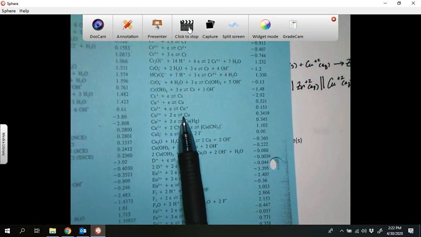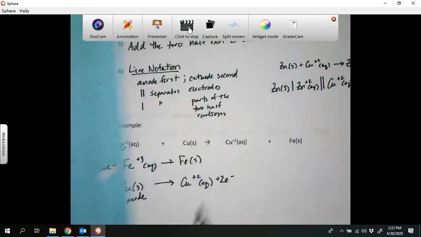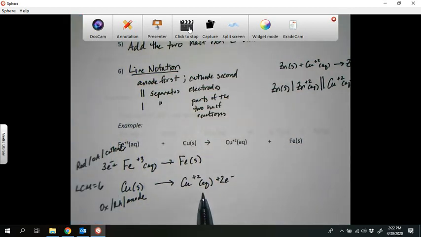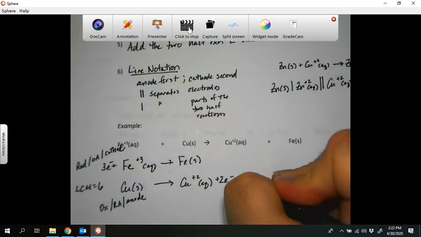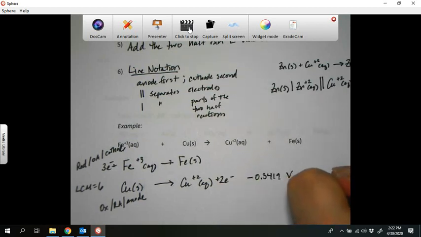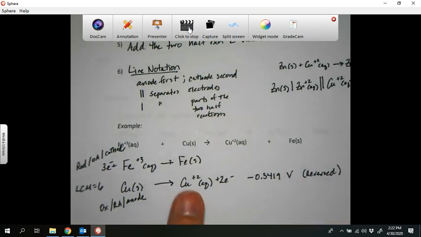If we look at this one, it's right here, and we see that it's reversed from this. So this value we have to make negative, negative 0.3419 volts. This is the one that was reversed. You don't have to write reversed, but because it's written the other way in the chart, we have to reverse the sign so it matches what we have.